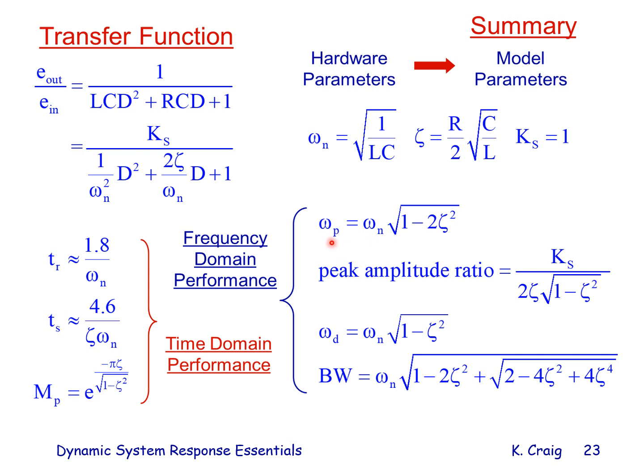So you can see that omega sub p and omega n are not the same. And only when zeta is 0 are they the same. But it takes an awful lot of damping, a high value of zeta, for omega p and omega n to be very different. In fact, we use omega n to represent the frequency of oscillation of the system, even though we know it's the damped natural frequency, which is shown here.